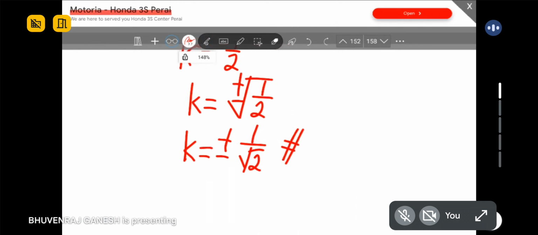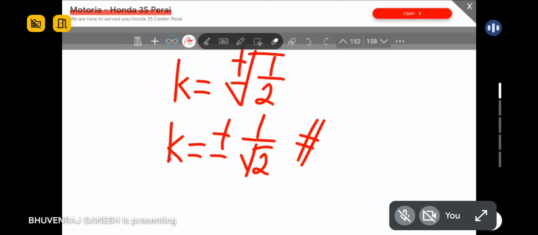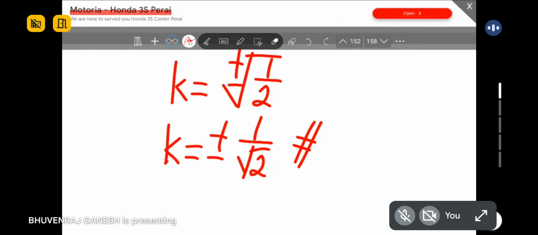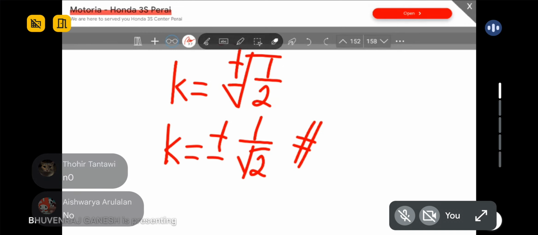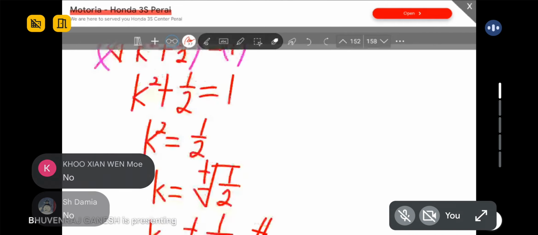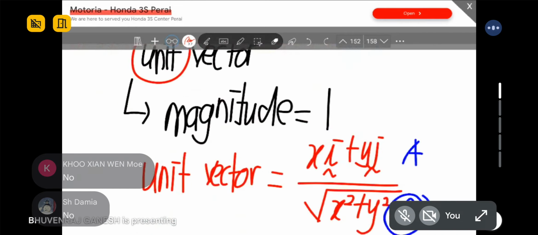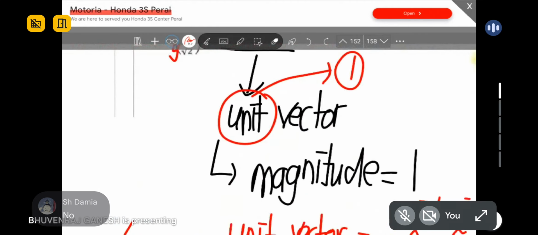Can get it? Okay, so now, do you accept both values over here? Yes or no? Adakah kamu terima dua-dua nilai k? Positive and negative. Who say yes, who say no? Do you accept both values? Okay, so why no, guys? Kenapa tak boleh? What's your reason? Anyone?